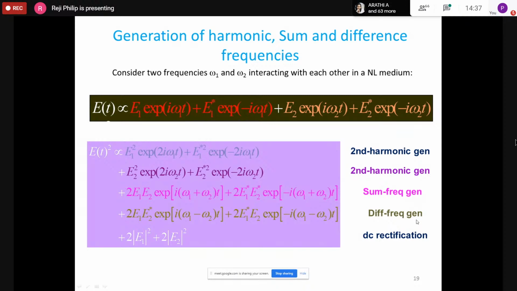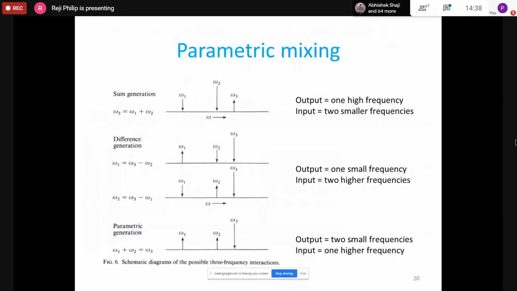And a difference frequency, omega 1 minus omega 2, which also appears twice. And then something called DC rectification, which is nothing but a small electric field which you will see in your material. All this is happening in the optical domain because of the electric field in the electromagnetic radiation.